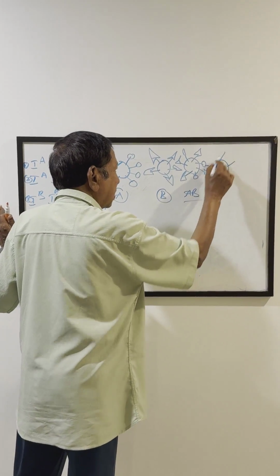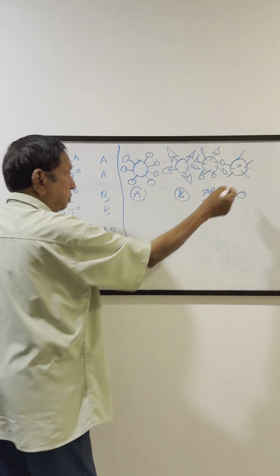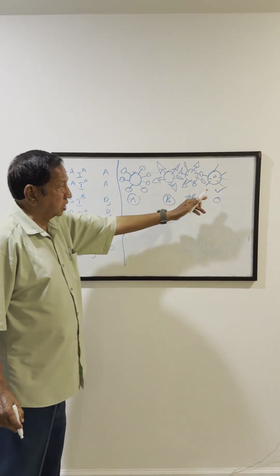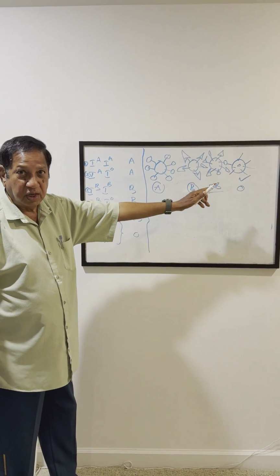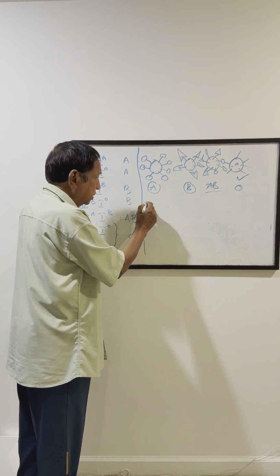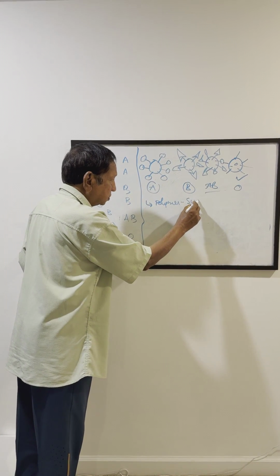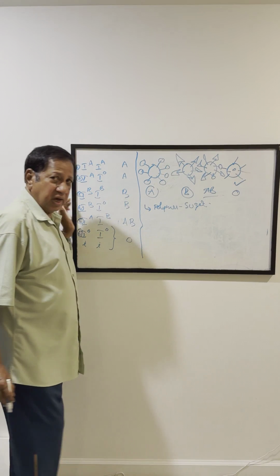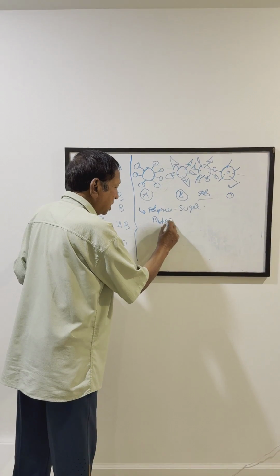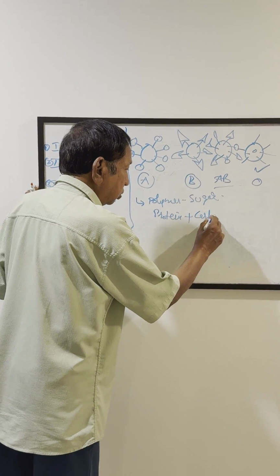In the O group, they have neither antigen A nor B. But in terms of population, this is more. I already told you that it has nearly 47% of the population. These antigens are sugar polymers, added with protein as well as carbohydrate molecules.